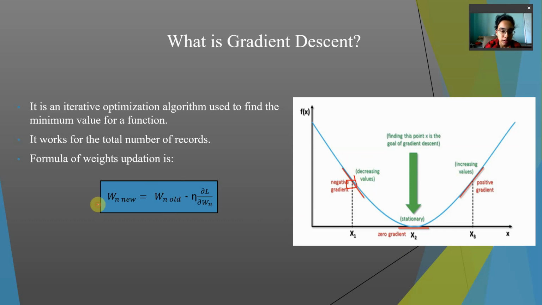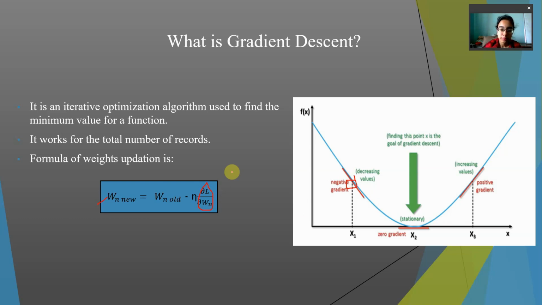Wn new is equal to Wn old minus eta, which is the learning rate, into the partial derivative term. Now why do we find this partial derivative term? We already know from our 11th and 12th standards that the derivative is nothing but the gradient, right?